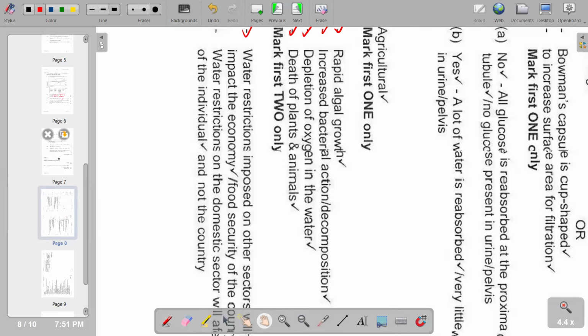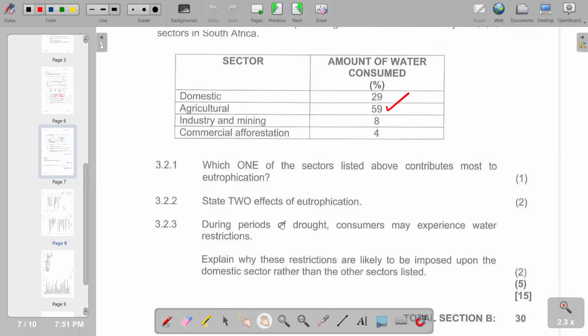So basically, this is what we have on that part, and that marks the end of our question 3.